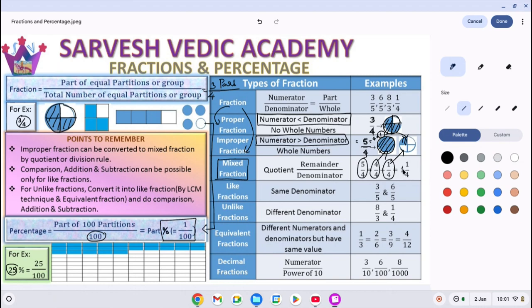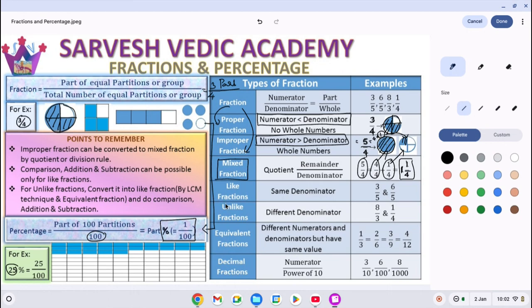This is the whole one figure. So if you represent it as the whole one, and the remaining figure, out of 4 you shade one portion, this representation is called a mixed fraction. In my next video, let me explain how to convert an improper fraction to a mixed fraction and a mixed fraction to an improper fraction. A mixed fraction is just another representation of the improper fraction.